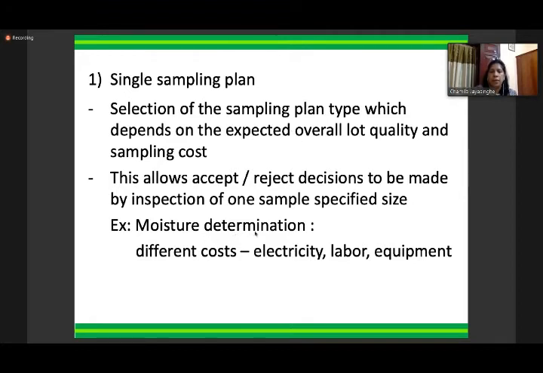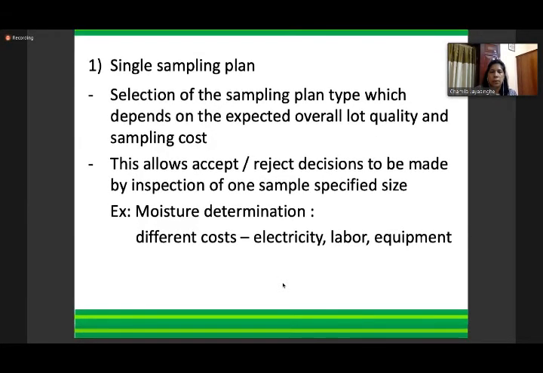For example, moisture determination has different costs: electricity, labor, and equipment. So this allows an accept or reject decision to be made by inspection of one sample of specified size. The moisture determination, electricity, labor.